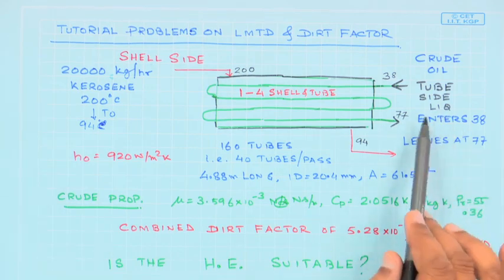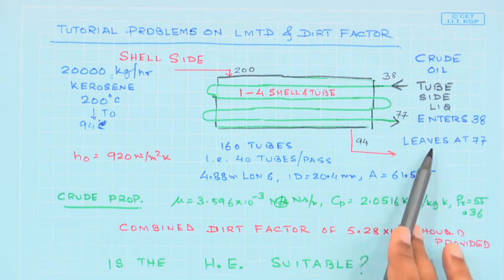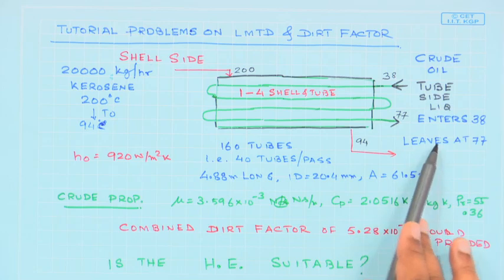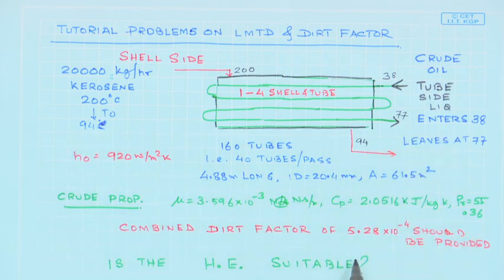That means, can these conditions handle a dirt factor even higher than this or lower than this. If calculations based on these data provide an overall dirt factor which is less than the dirt factor which is provided by the heat exchanger, then we have a problem.